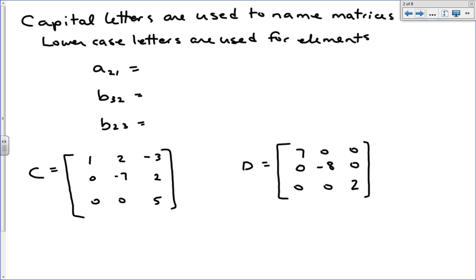Okay, and we use capital letters to name our matrices, and we use lowercase letters to describe one of the elements or numbers that is in the matrix. So if you look at matrix A, the element that's in row 2, column 1, is a 7.